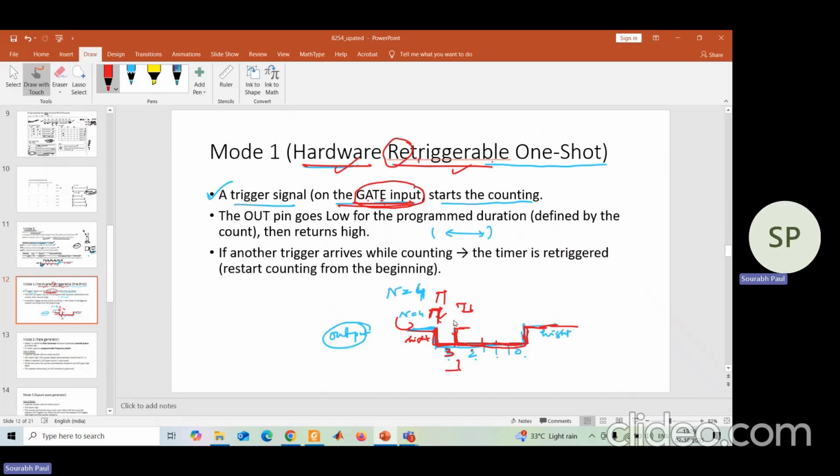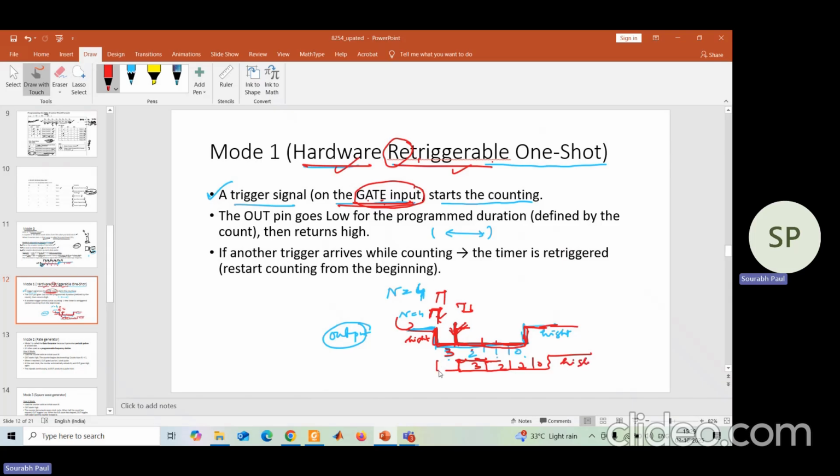But meanwhile, you have again given one trigger at this instant, at the third instant, in this position. So what will happen? Again, it will start from 3. So 3, then 2, then 1, then 0, and then it will be high.